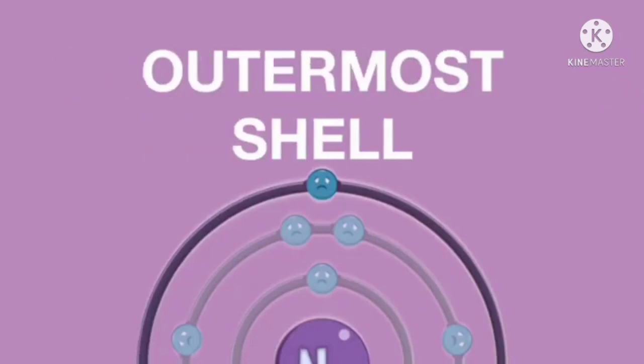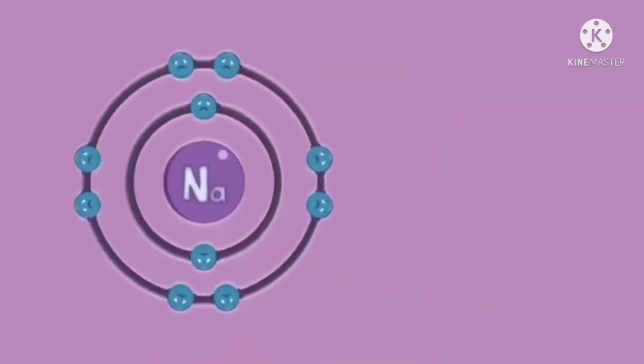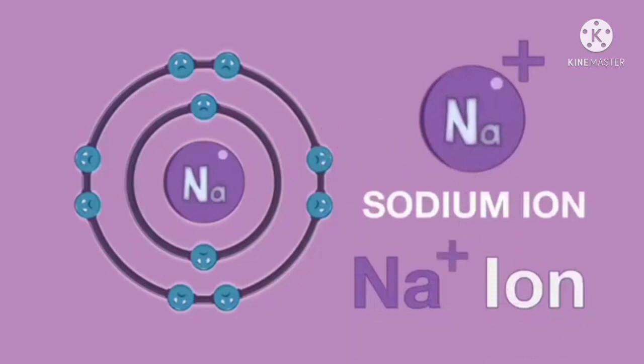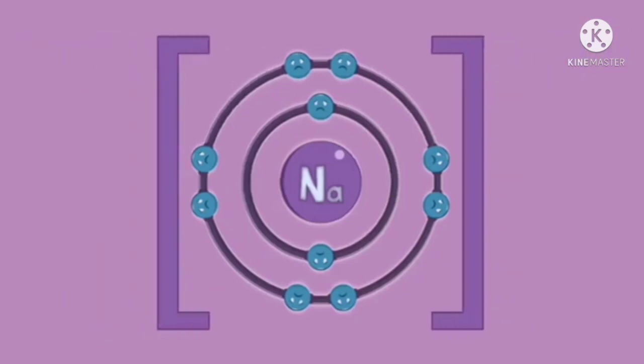As it has lost an electron, it becomes positively charged. I told you whenever an atom loses electrons in the outermost orbit, it becomes positively charged, Na plus, sodium ion. See how the charge is represented like this.